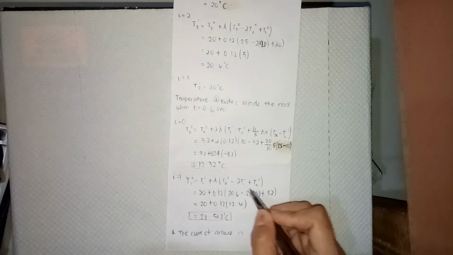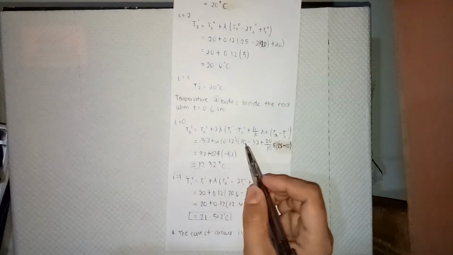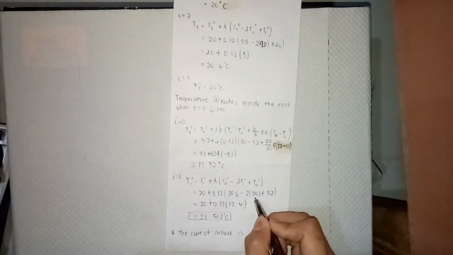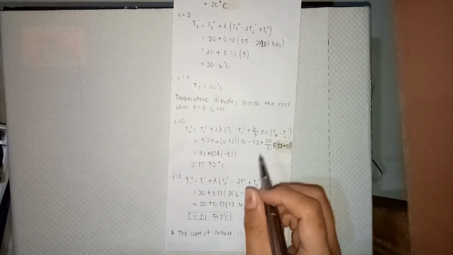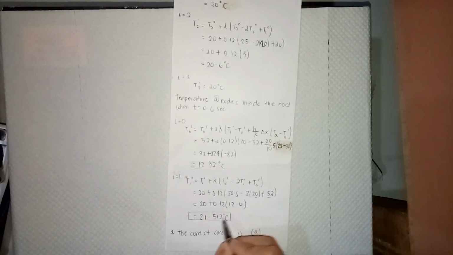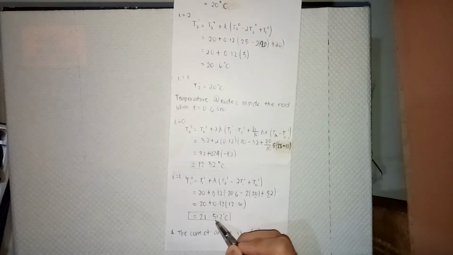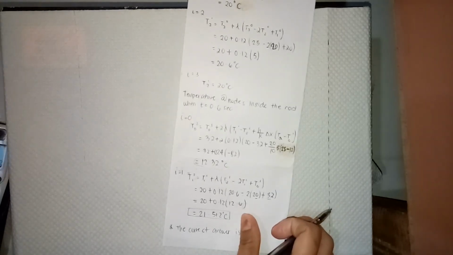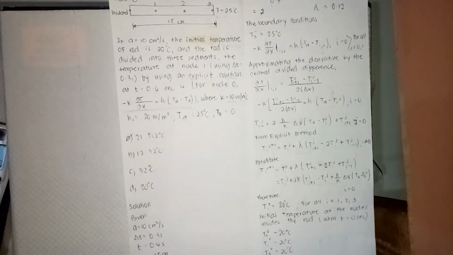And then 2 times temperature 1 at node 1, so our temperature 1 at node 1 is 20, plus temperature 0 at node 1, which is 32. So let us input in our calculator, and we will get the final answer of 21.512. So the correct answer is letter A. So this is the correct answer. So that's all. Thank you so much.